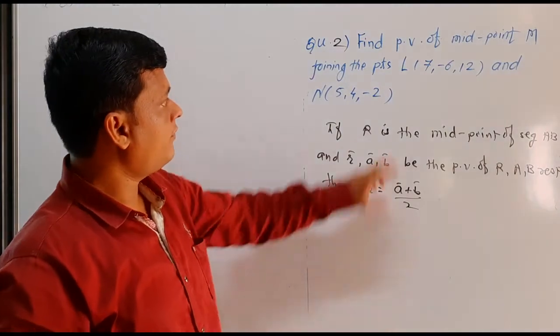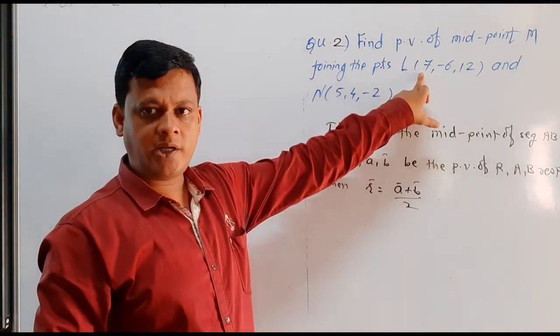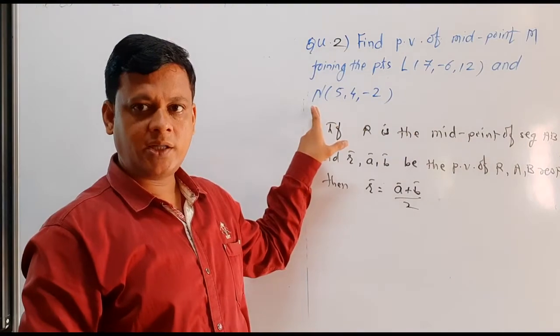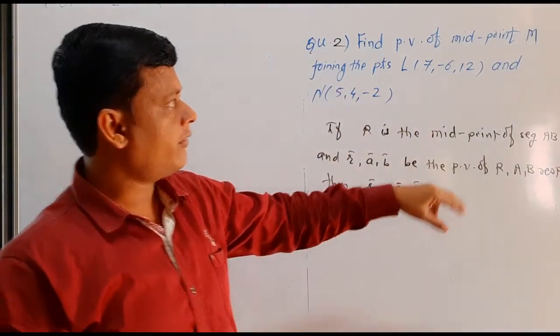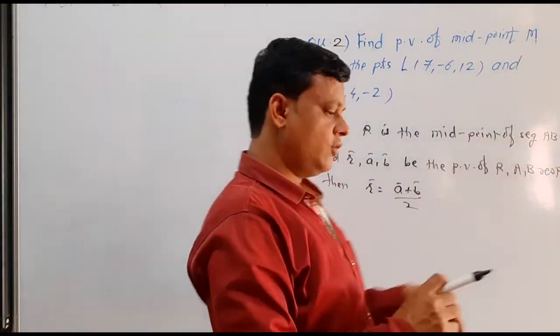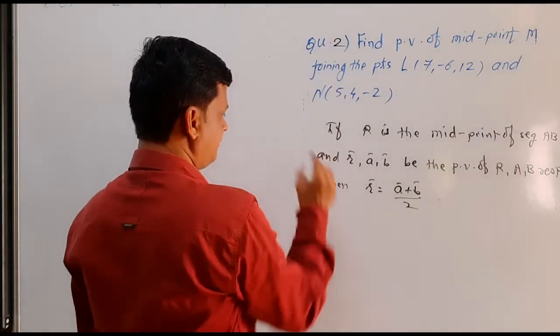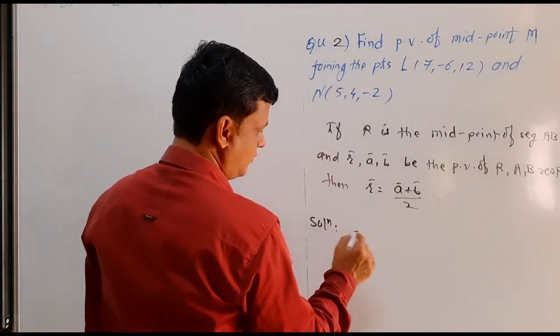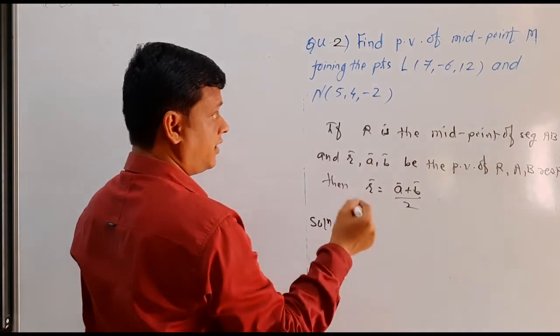So we have to write the position vector of point L, the position vector of point N, and find the position vector of this midpoint M. So in the solution we write the position vectors first.